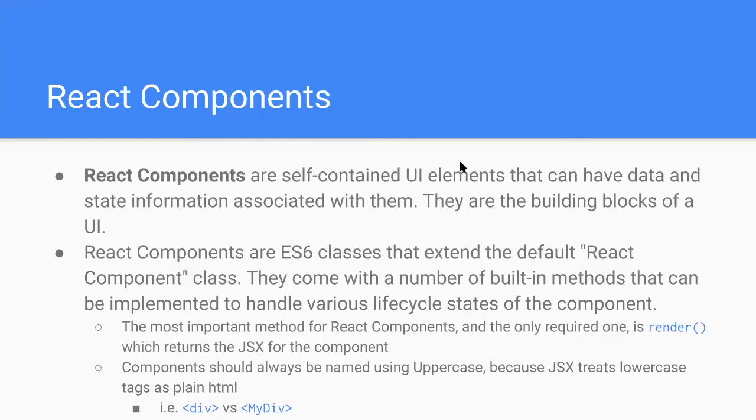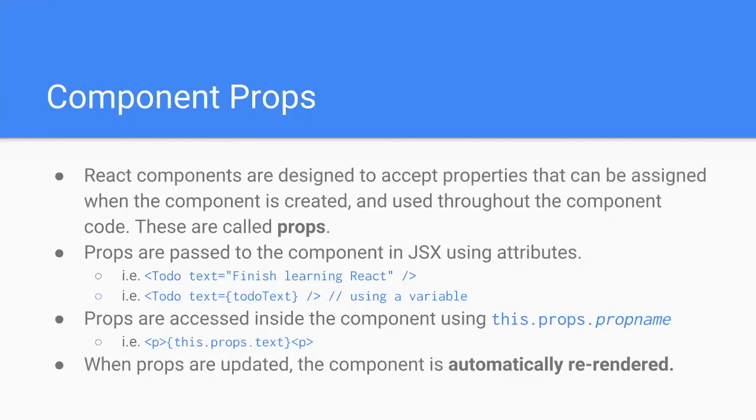So yeah, make sure your components are always uppercase, capitalized. Okay, so components are designed to accept properties that we call props that are assigned when the component is created, and then they're used throughout the component. So this is how we start to add variables to a component and track its properties.